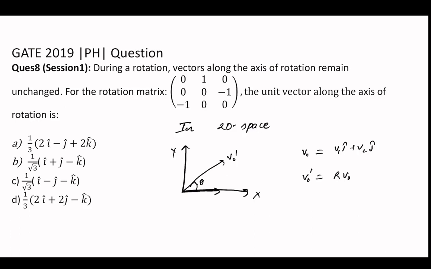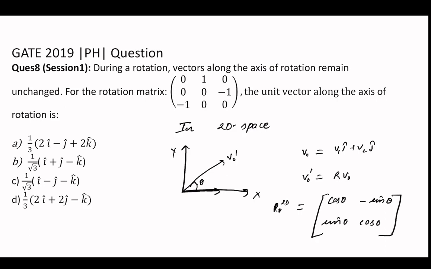Now in 2D space, the rotation matrix is generally represented by cos theta, minus sin theta, sin theta, cos theta.